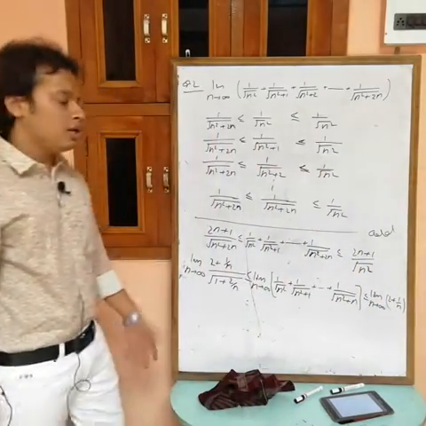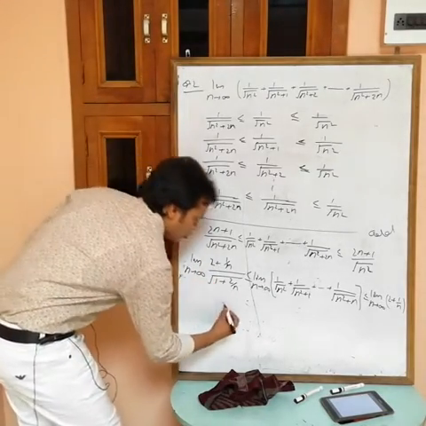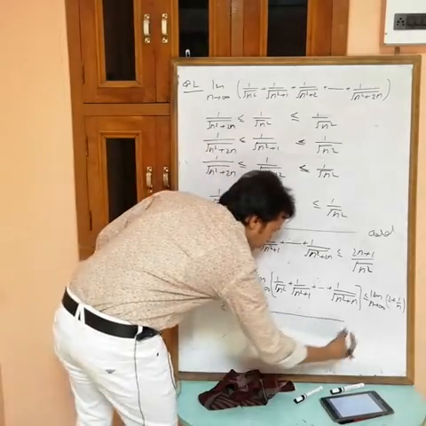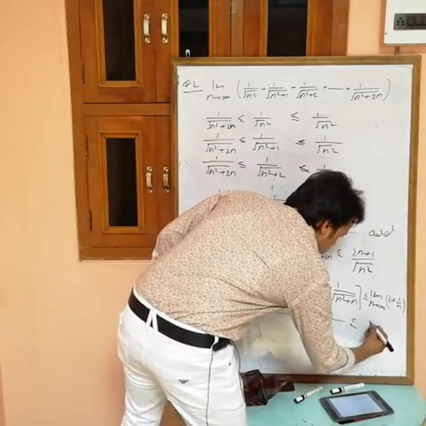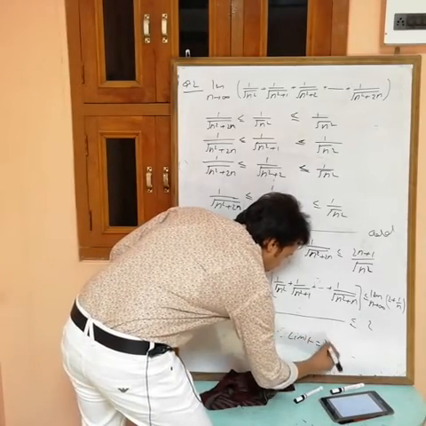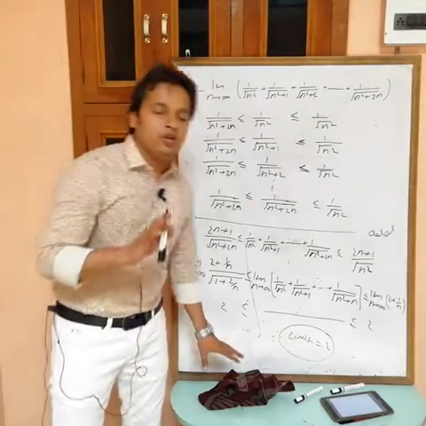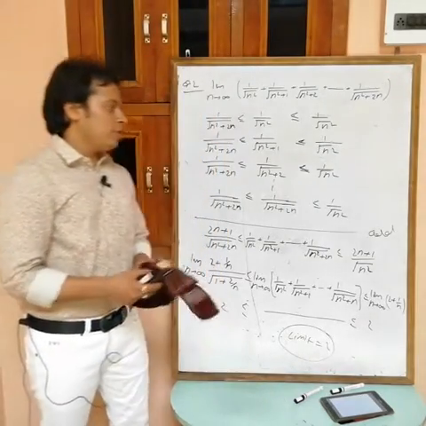Put n equals to infinity, 0, 0, 2 by 1, 2. This is the same, and this one is 2, therefore the limit equals 2. Okay, in this way you will get only 2 types of questions, and I have covered both.